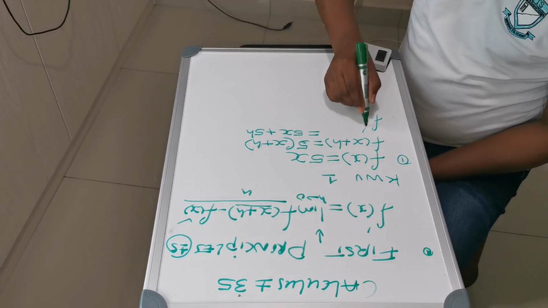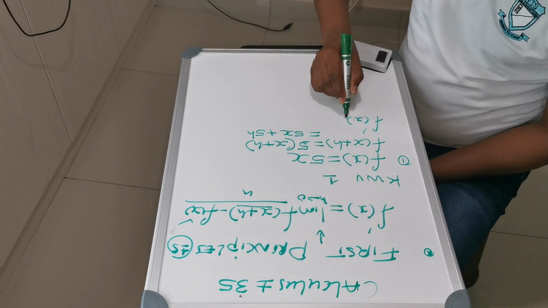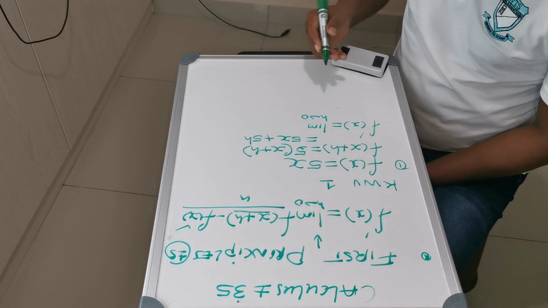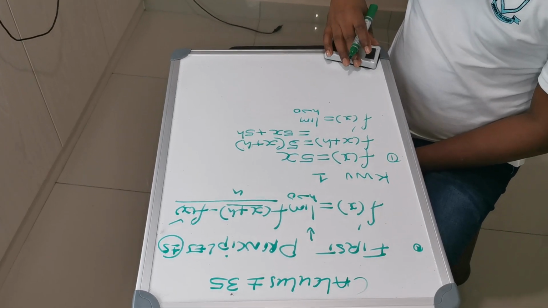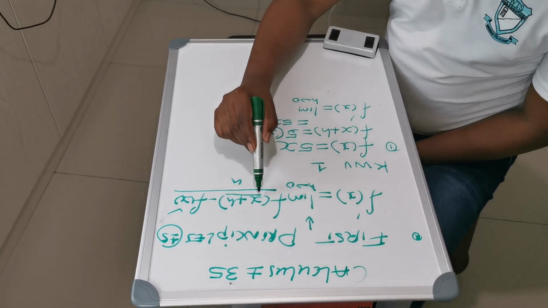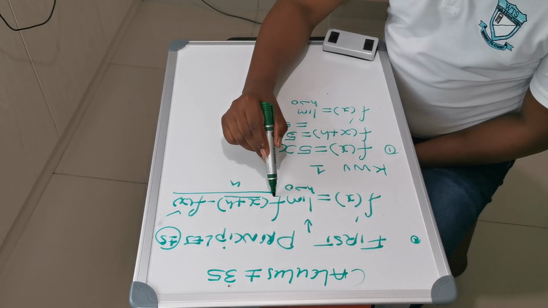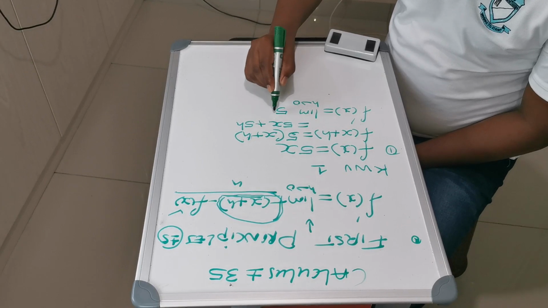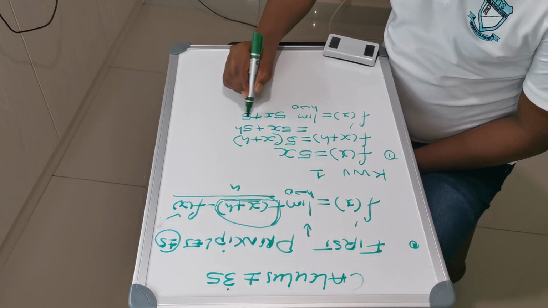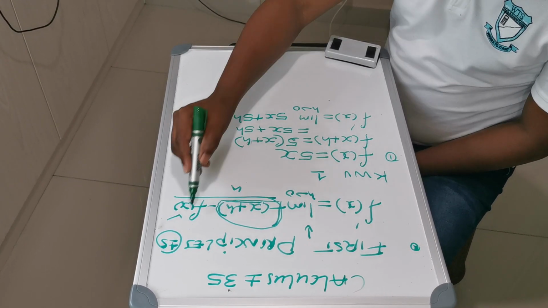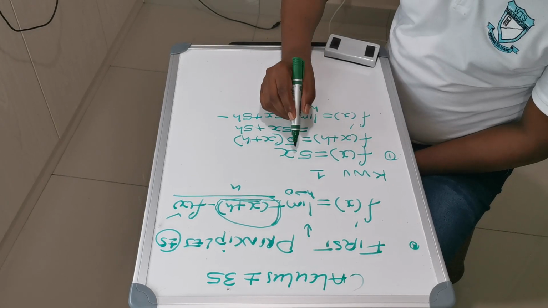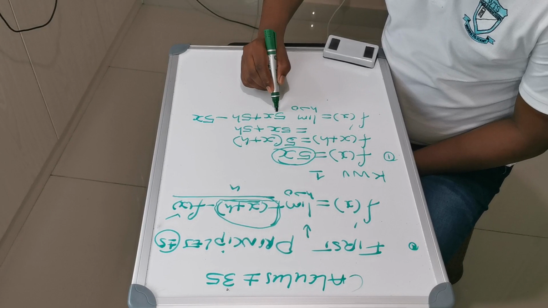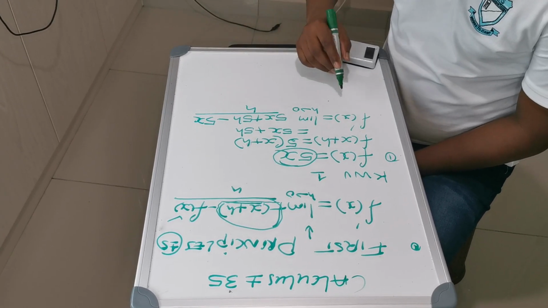Now let's go back to our formula. This is the limit as h approaches 0. The first thing we have to do is copy the formula as it is. And now instead of f of x plus h, we know this is 5x plus 5h minus f of x, which we are given, obviously it's 5x, all over h.